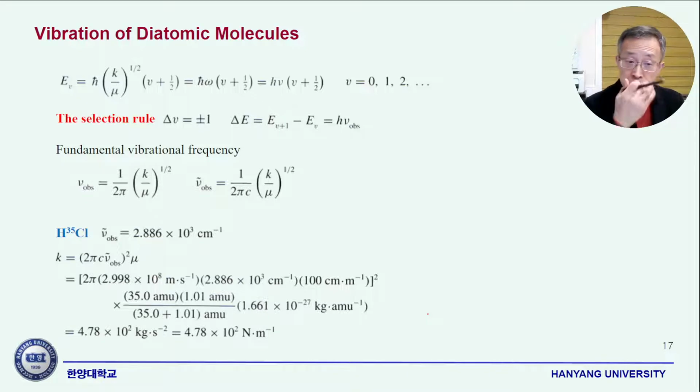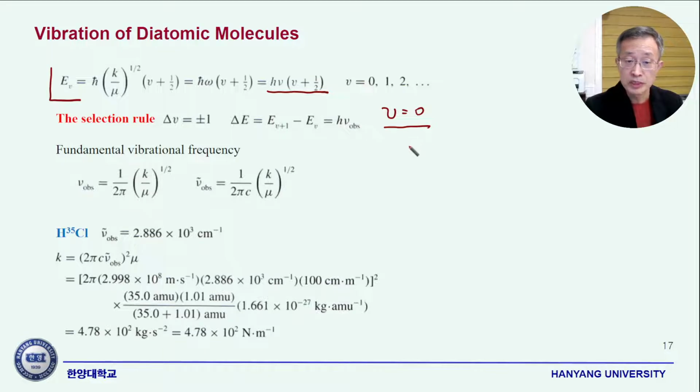Okay, so we solved the Schrödinger equation and obtained the important result here: the energy is hν(v + 1/2). Notice that v equals 0 is the lowest energy of the harmonic oscillator, which is not 0.